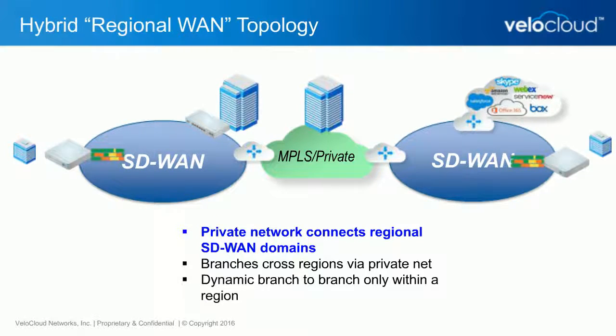So the primary use case for this is to ensure, for example, long-distance global or international traffic traverses a private network, but to get the benefit of the hybrid WAN and dynamic branch-to-branch for more flexibility of transports within a given region, and yet still have the existing SLA managed backbone connectivity.